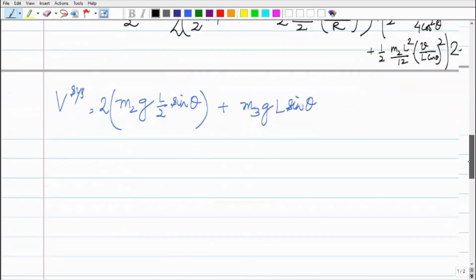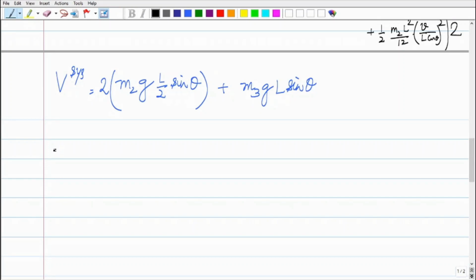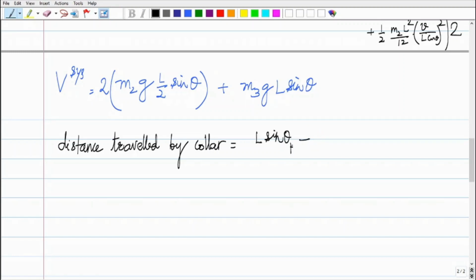So what's the displacement of the collar in terms of theta? For a given theta, I can write here the distance traveled by the collar. That's simply the initial position, which is L sine theta 1, because the initial theta is theta 1, minus L sine theta, correct?